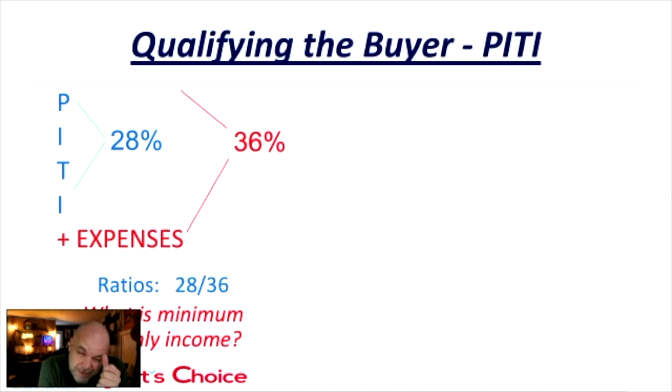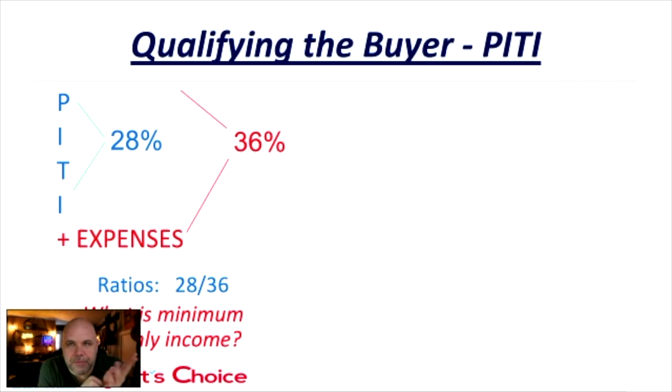In other words, no more than 28% of your monthly income should go toward your house payment. That's called the front end ratio. That's PITI, so principal and interest and taxes and insurance payment on the house. No more than 28% of your monthly income is allowable to be put toward that PITI.